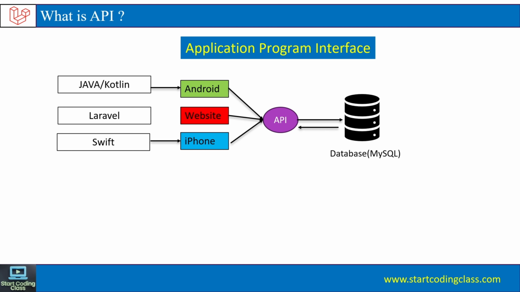In this video we are using Laravel as the backend language. Laravel will create an API and send the response in JSON, XML, or GraphQL. Today in this video we are just going to send the API response in JSON.